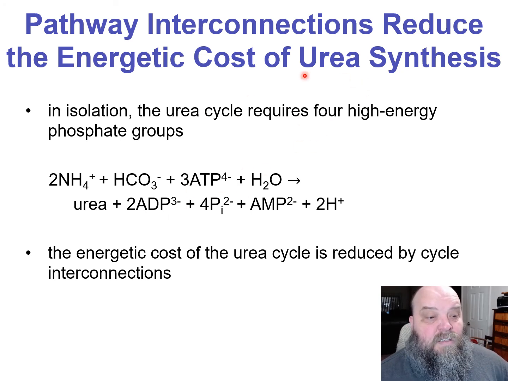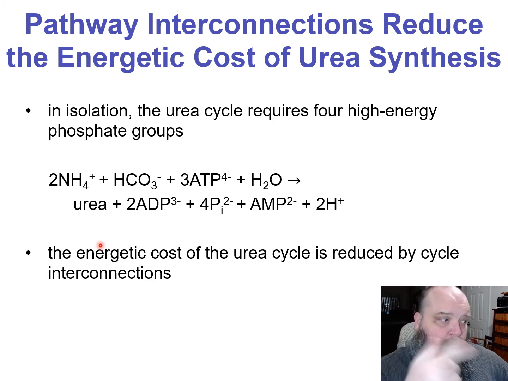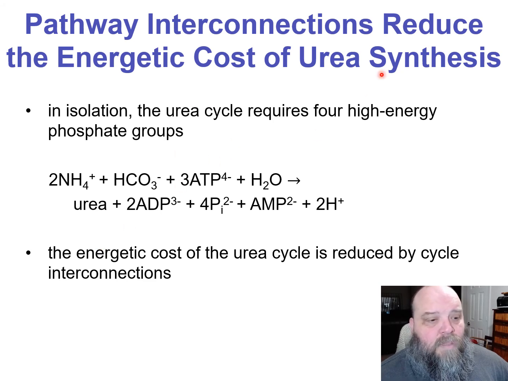So synthesizing urea to get rid of the ammonia is, for all intents and purposes, actually quite cheap, if not almost free, because the other metabolic processes are paying the toll. This is just coming along for the ride. It's piggybacking.